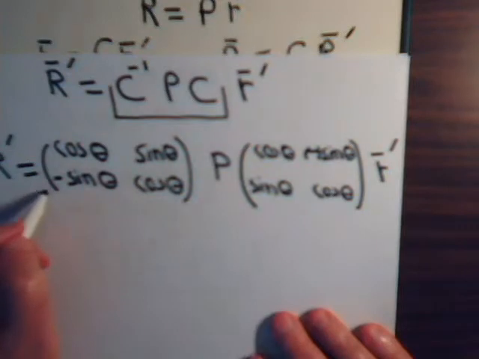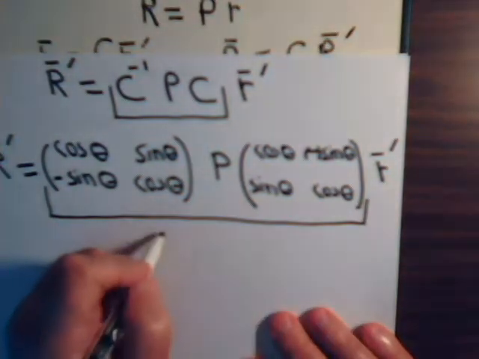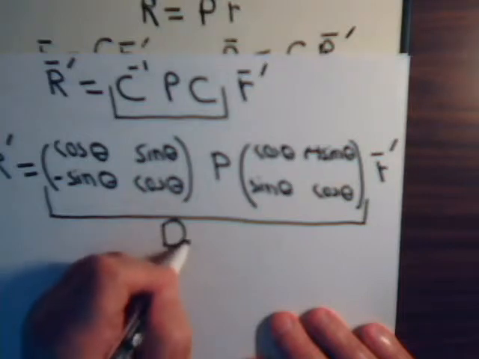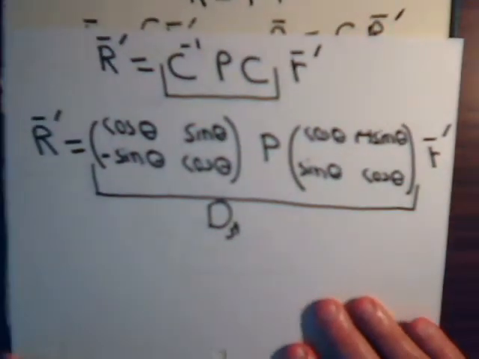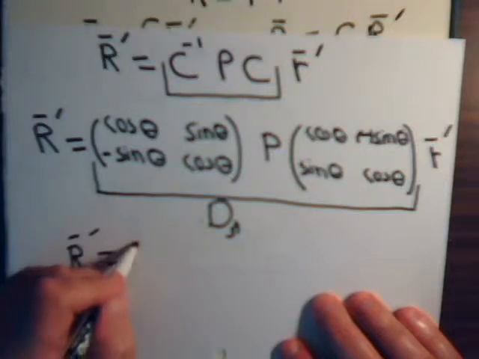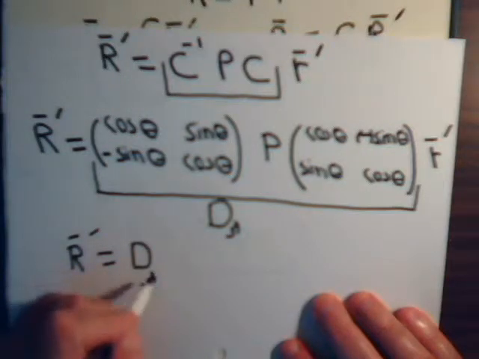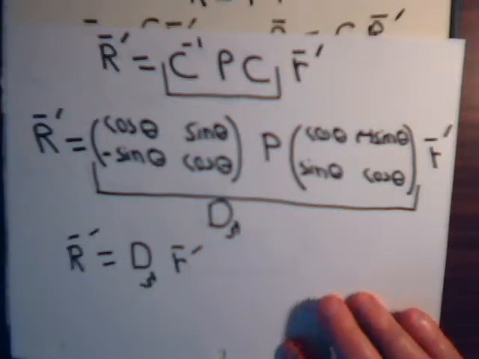Well, now all of this is just simply the diagonal matrix. So then we have a real simple equation now. R prime equals the diagonal matrix times small r prime. Much, much simpler system.